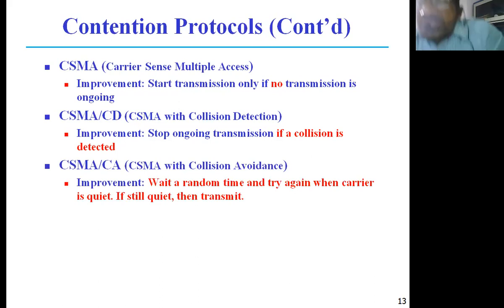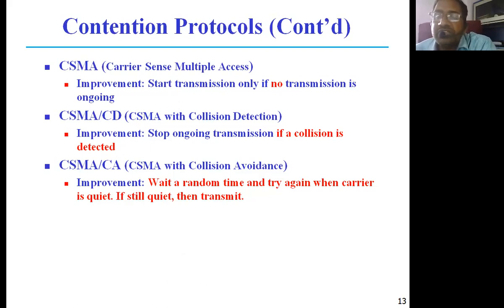Another method is collision avoidance, called the CA method. What is the improvement we can bring here? Wait a random time and try again when the carrier is quiet. If still quiet, then transmit. Before we transmit, every mobile unit has to wait for a random amount of time, expecting a signal about the carrier, whether it is quiet or bursty.